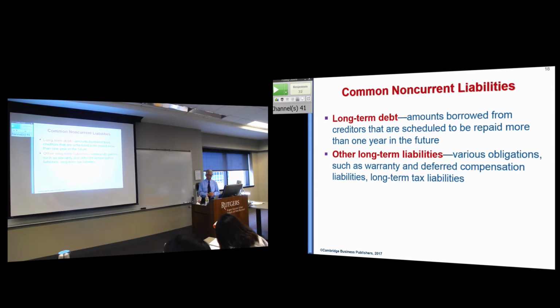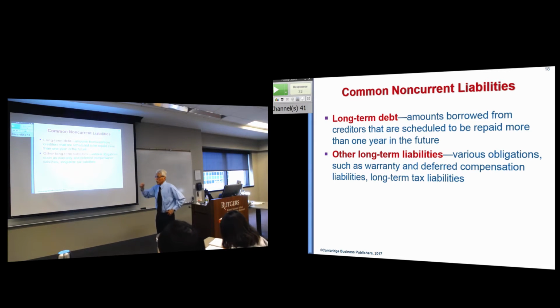And then finally, of course, others. We have various deferred compensation contracts. We've got various obligations. You can think about, Fred, you talking about this long-term tax liability. These are long-term or deferred liabilities out into the future. Those are subject to revaluation if tax rates change.